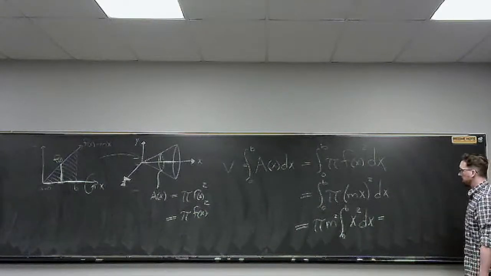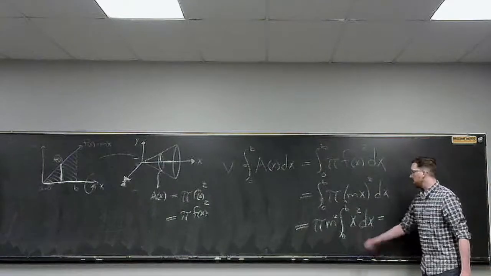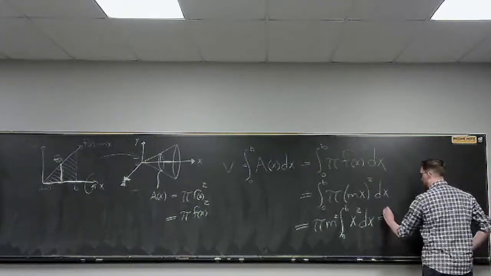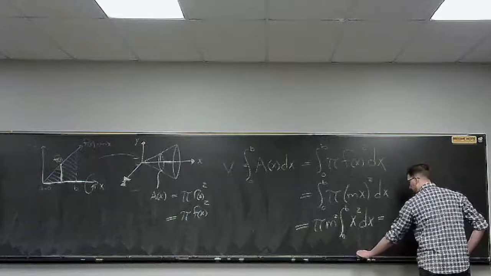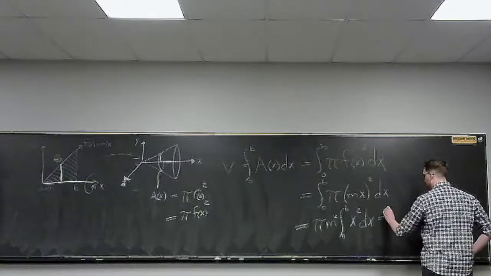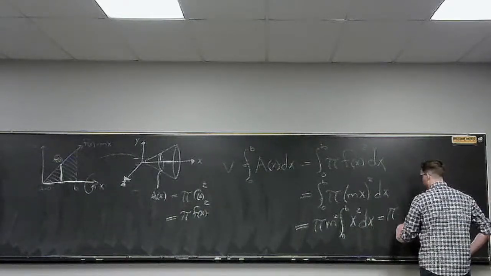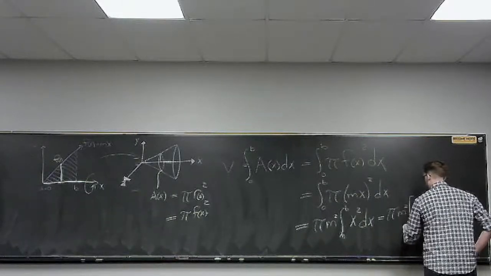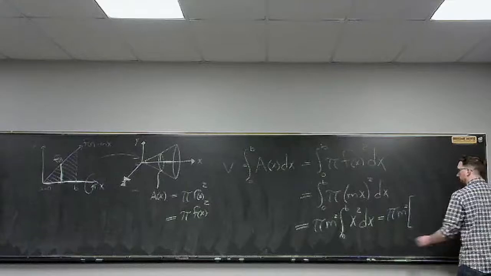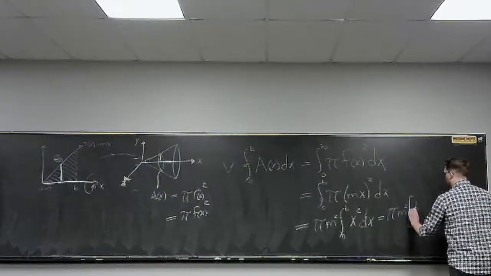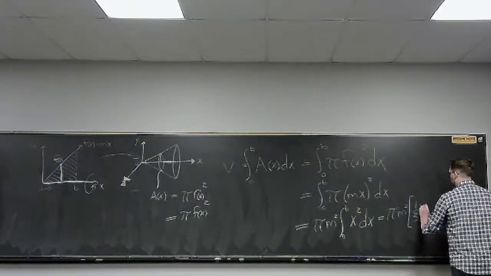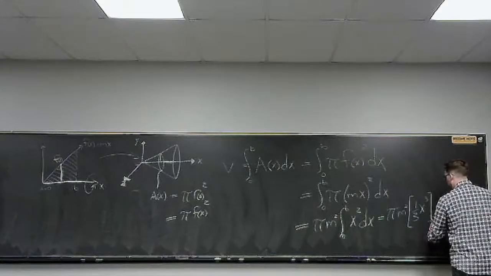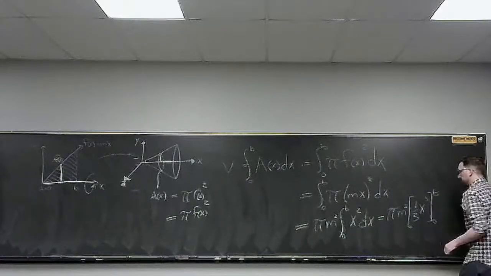Well, this thing's pretty straightforward to integrate, isn't it? This is going to give us pi times m squared times the quantity 1 over 3 times x cubed evaluated from 0 to b.